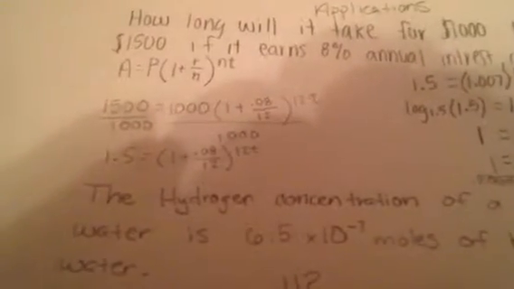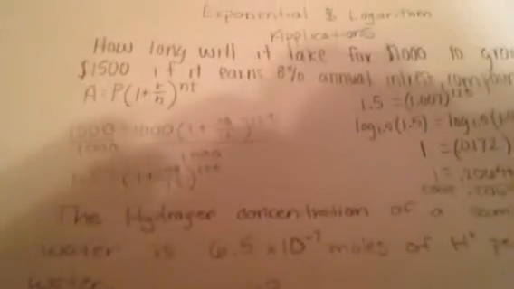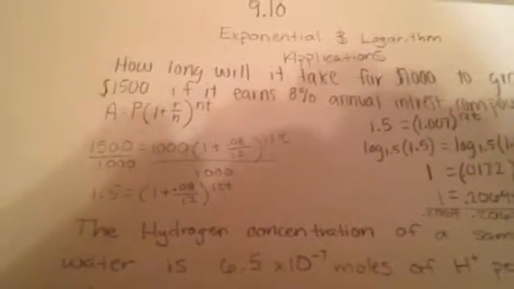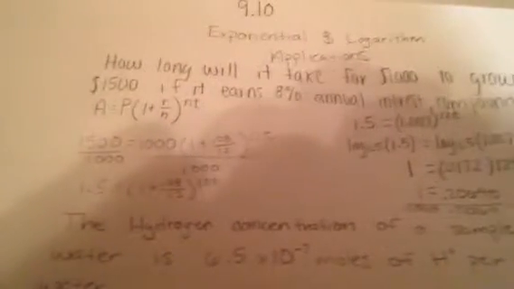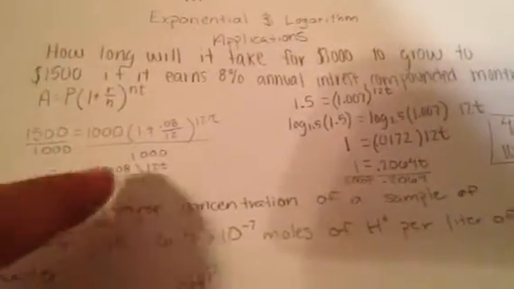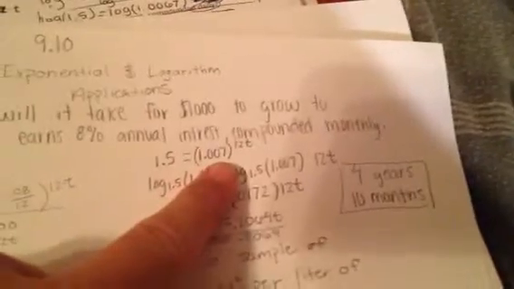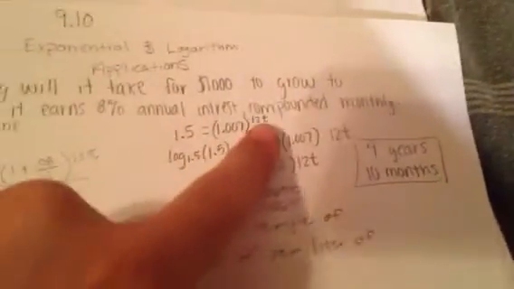So here's what we're going to need to do. We need to divide by 1,000 on each side. That gives 1.5 equals 1 plus 0.08 divided by 12, to the power of 12t. Then we simplify, and we get 1.007, still to the power of 12t.